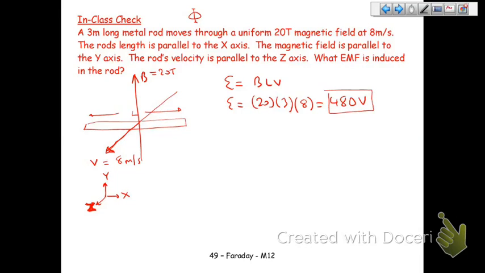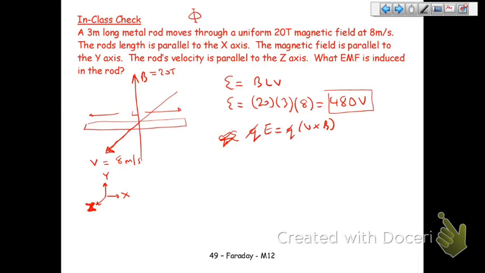So we said that E. So let's have a look. We said that QE is equal to QV cross B. Cross your Q's out.